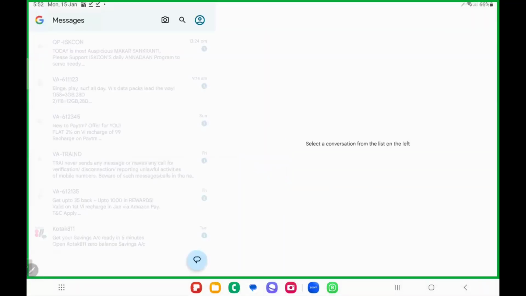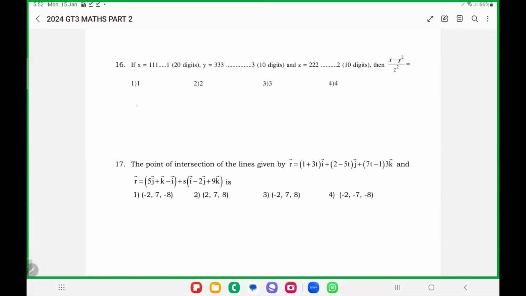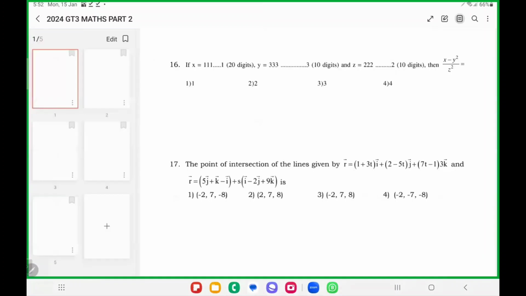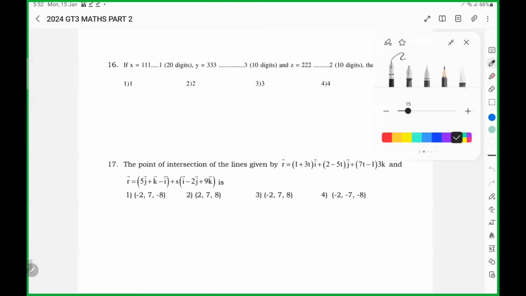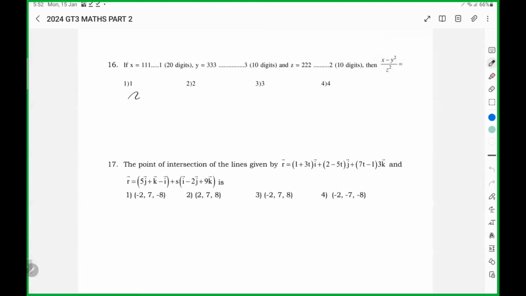Here x is given as 20 digits. 20 digits means 1 into 10 power 19 up to 1, so totally 20 terms are there.